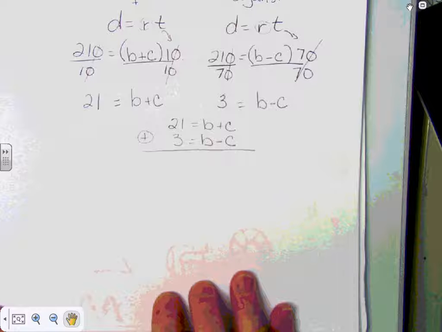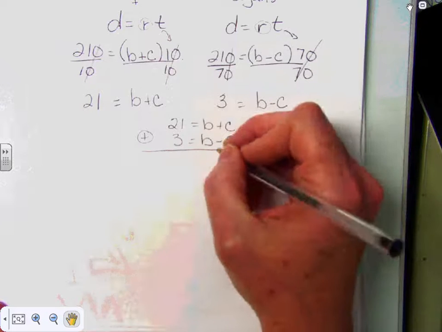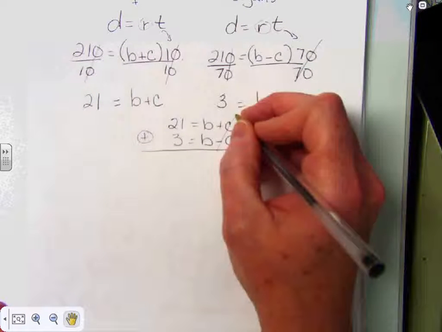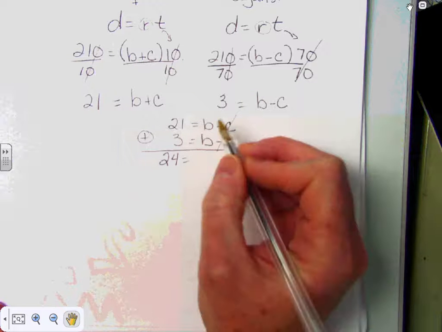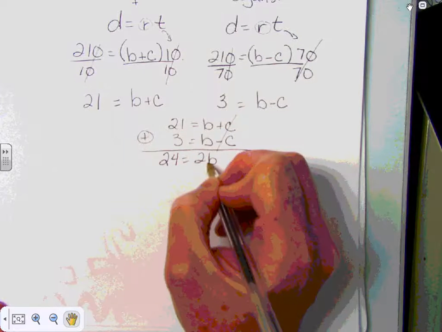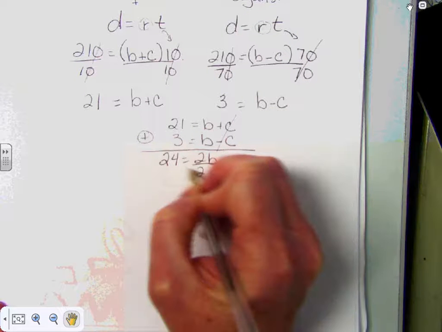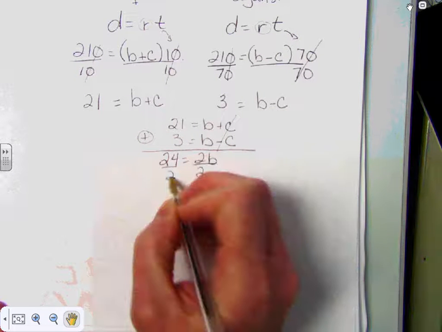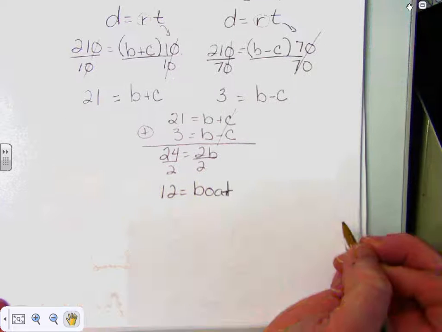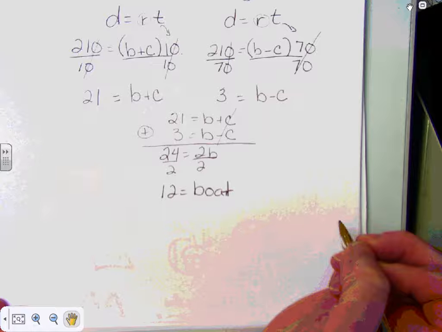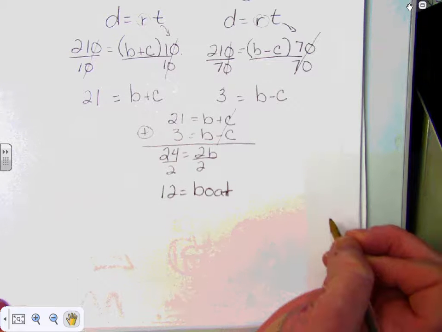What's going to cancel out right away? The C's are going to cancel out if I add them together. So 21 plus 3 is 24. 1B plus 1B is 2B. Dividing both sides by 2, I get the boat is going 12. Was that pretty easy? Relatively straightforward?